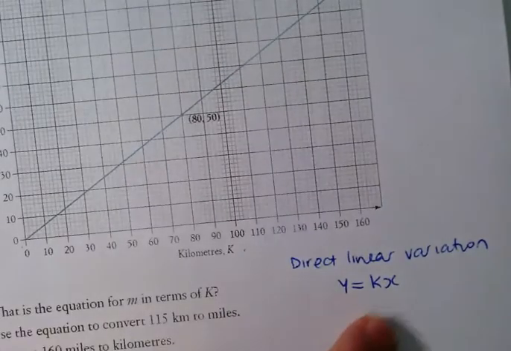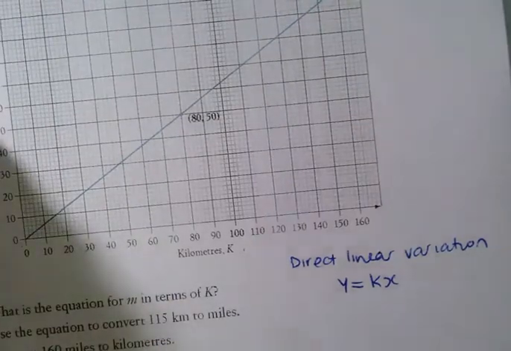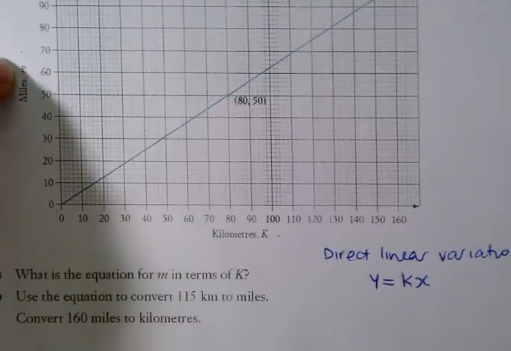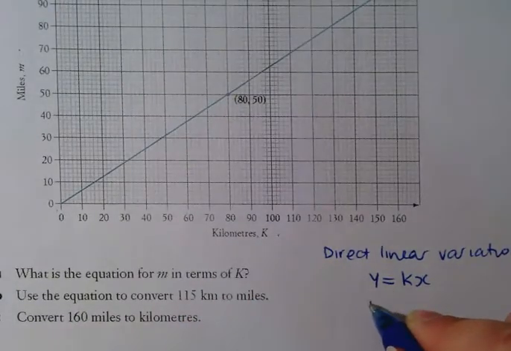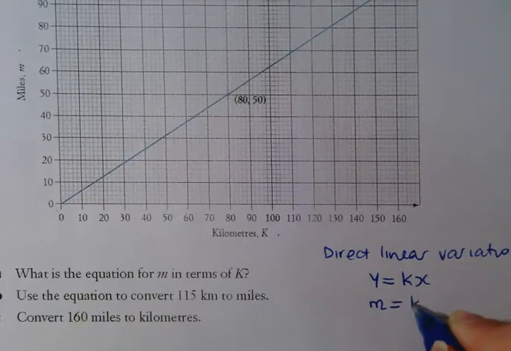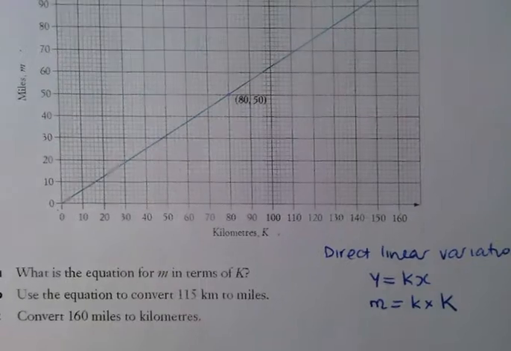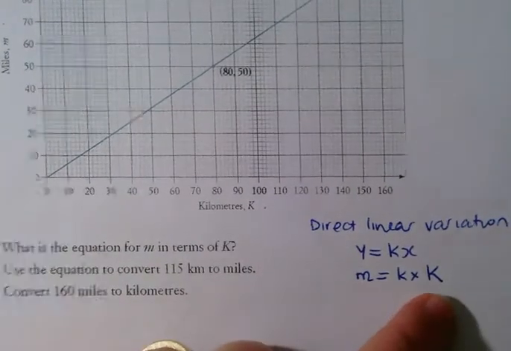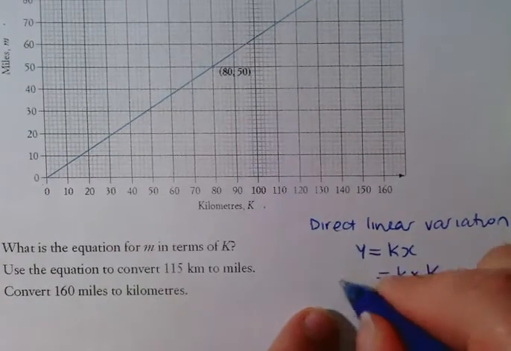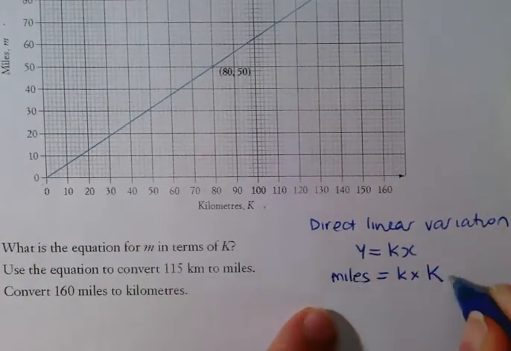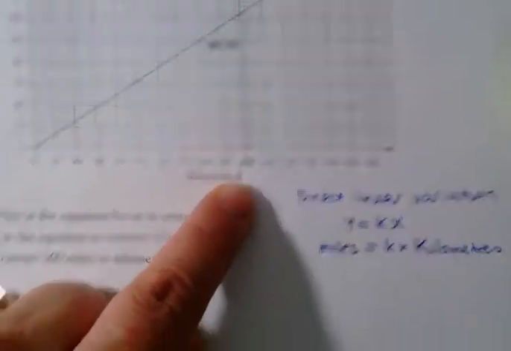Normally we have y equals kx, but in our case y is m and x is K. So miles equals k times kilometers, capital K. I have to be careful here, because kilometers happens to be K as well.